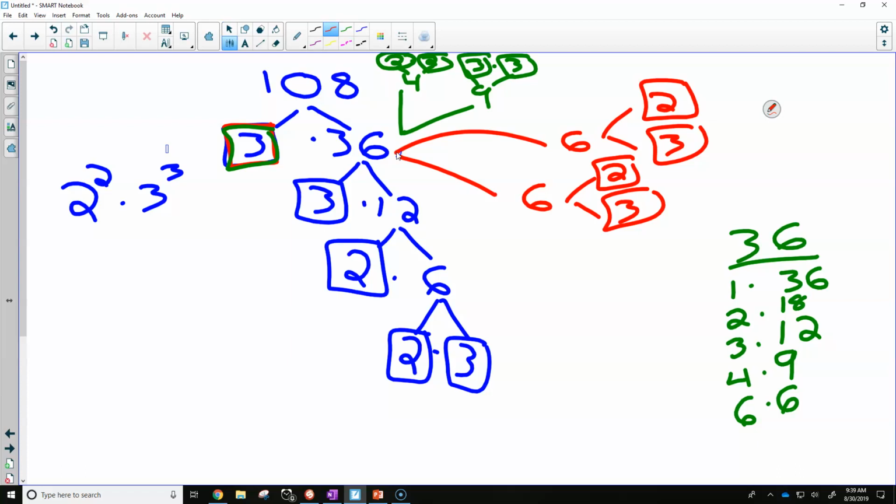Ooh, I heard it. Part of it. What? I'm going to write this way. But there's a second word that goes to it.